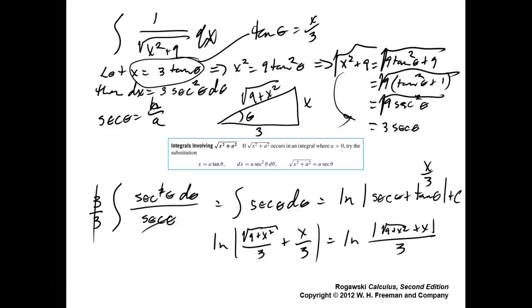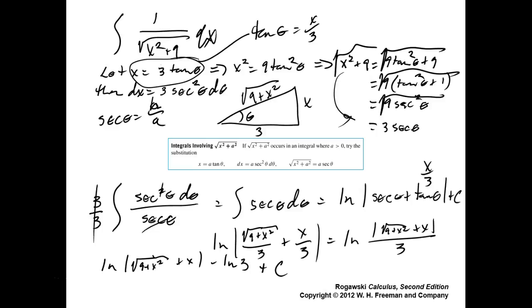So that's what we're doing. So this says the log of the absolute value of the square root of 9 plus x squared plus x, minus the log of 3, and then you could do a plus c. That's no better than the previous, but that's how the book writes it.